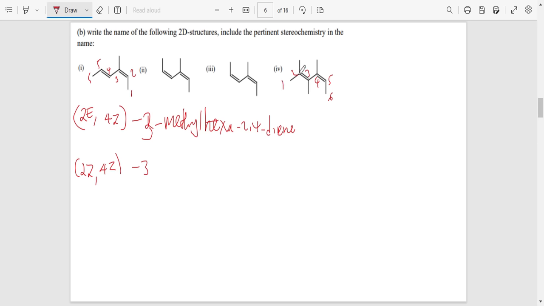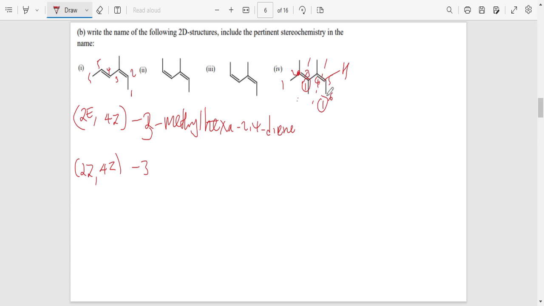In other words, this portion here does not have different groups if I cut like this, because a double bond can't have 4 groups. And then if I come to this one, if I cut in the middle like this, this is going to be the first group.